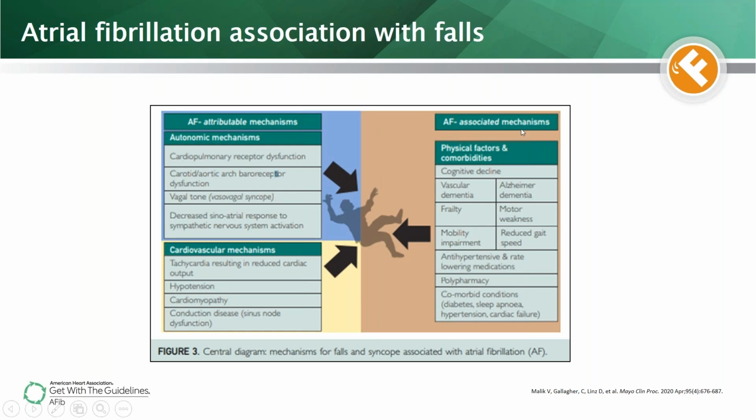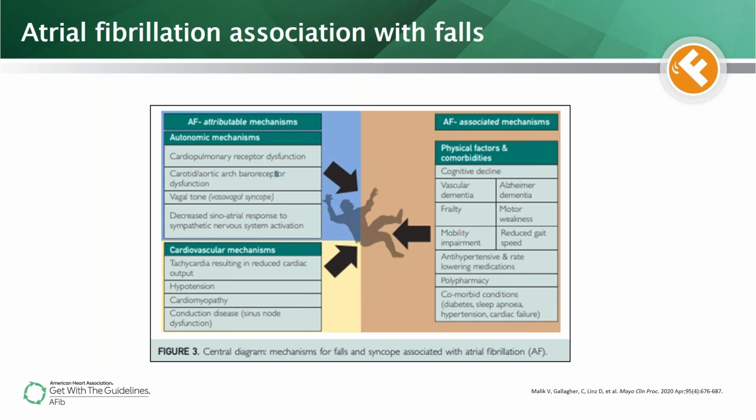AFib-attributed mechanisms: autonomic mechanisms, cardiopulmonary receptor dysfunction, carotid and aortic branch baroreceptor dysfunction, vagal tone or vasovagal syncope, decreased sinoatrial response to sympathetic nervous system activation. Cardiovascular mechanisms: tachycardia resulting in reduced cardiac output, hypotension, cardiomyopathy, and conduction disease, sinus node dysfunction, or post-conversion pauses.